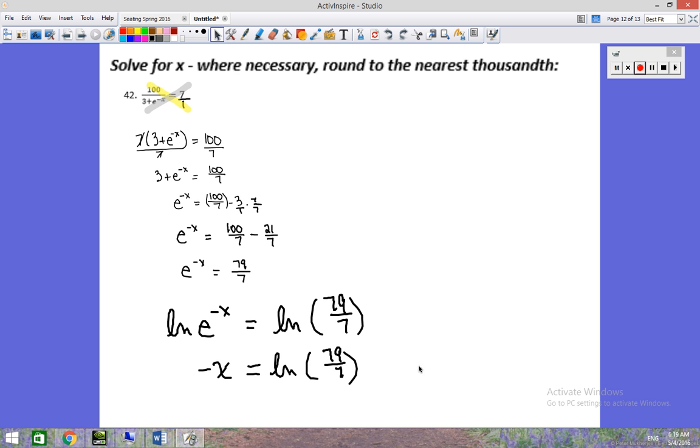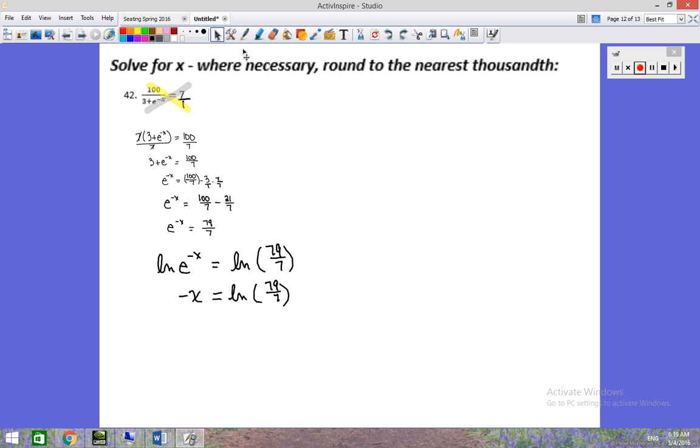And multiply both sides by negative 1, and you'll have x by itself. So we go to a calculator and take the opposite of the natural log of 79 over 7. Let's see what we get.